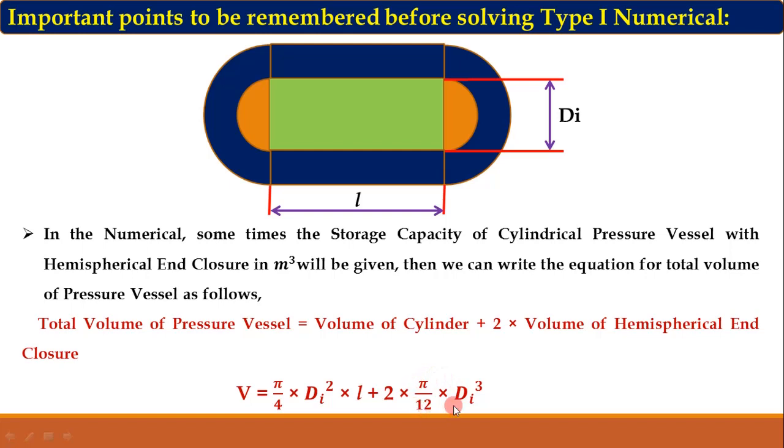This pi upon 12 into di cube is the volume of single hemispherical end. As there are two hemispherical ends on left and right side, we have to multiply by 2. So this equation gives the total volume of pressure vessel with cylindrical shell and with two hemispherical ends.